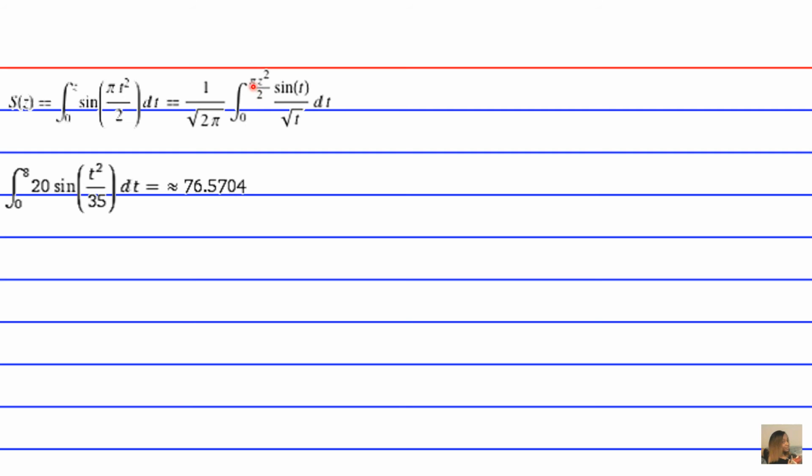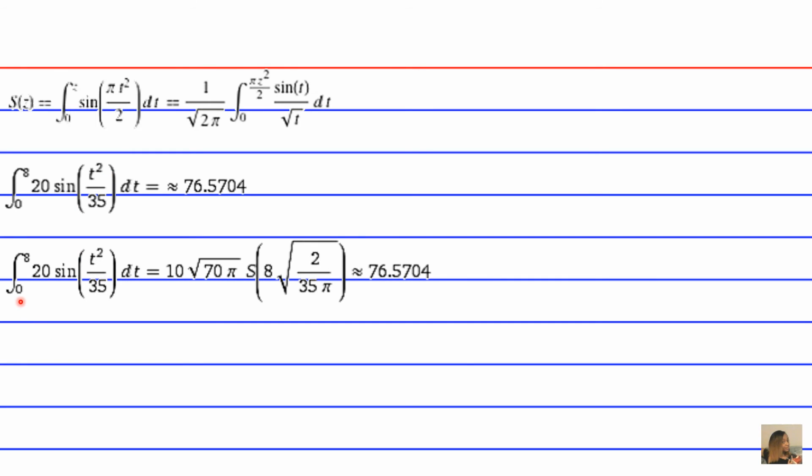So in our case, that would be pi times 8 squared over 2. The sine of t, okay, over t squared, over the square root of t. So here you can see that we basically took the square root of t and factored it out and so forth. All right, so this is the numeric solution for this.